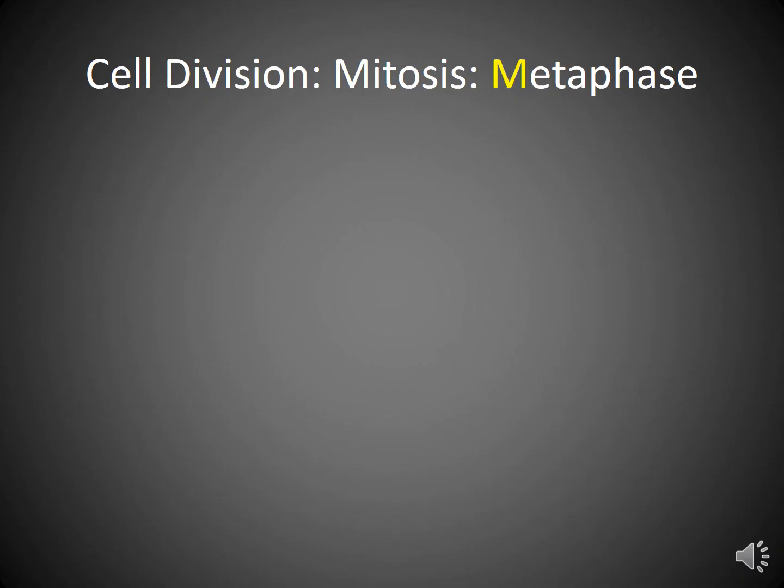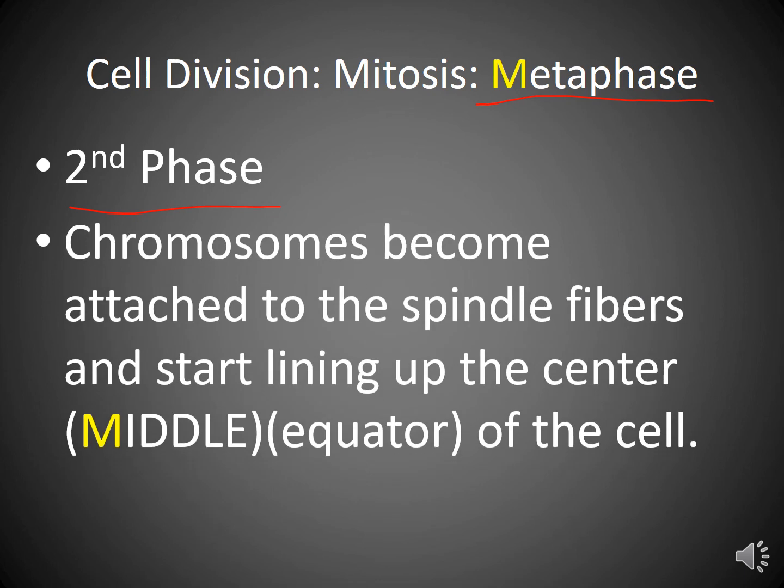So cell division, mitosis, metaphase. So this is our second phase. Chromosomes become attached to the spindle fibers and they start up in the middle of the equator. So in prophase, you see X's, okay?